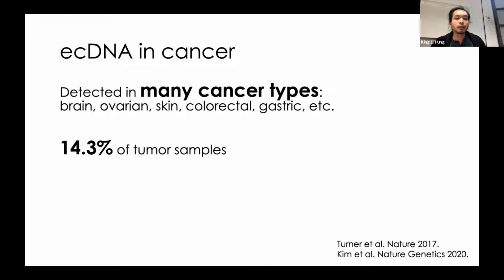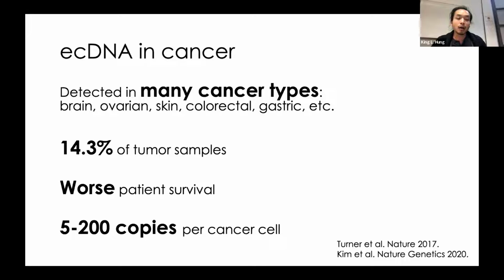Overall, the current estimate is that across different cancer types, about 14% of tumor samples have ecDNAs. Patients that have tumors with ecDNAs have worse survival than patients without ecDNAs, or even compared to other types of oncogene amplifications.